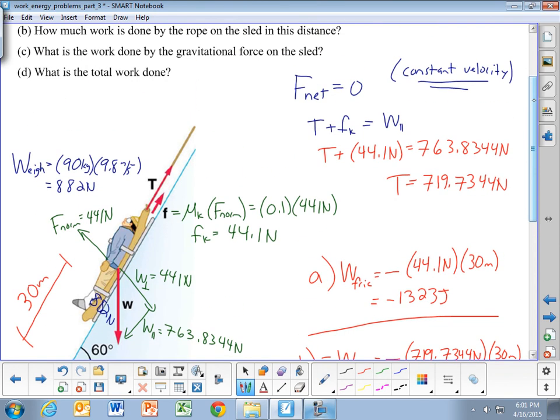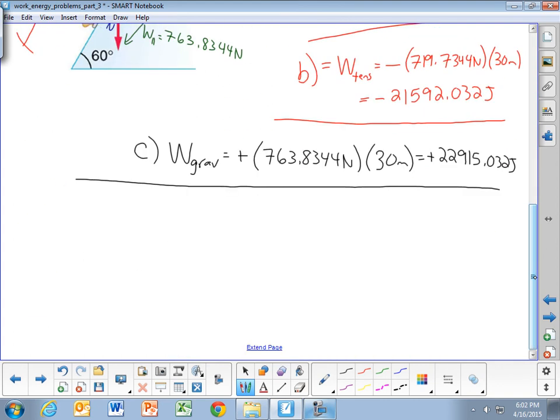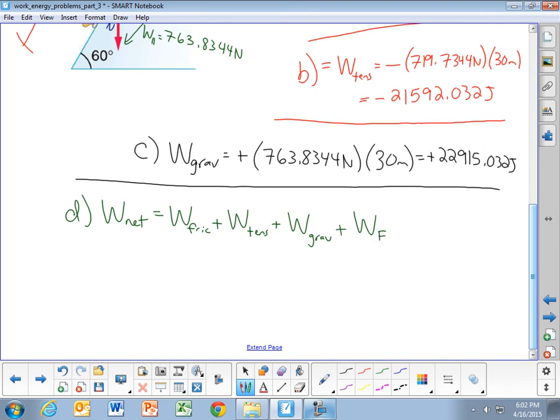Okay, and the last question, we're asked, what is the total work done? So that total work done is going to be the work done by the force of friction plus the work done by the tension plus the work done by the force of gravity plus the work done by the normal force.